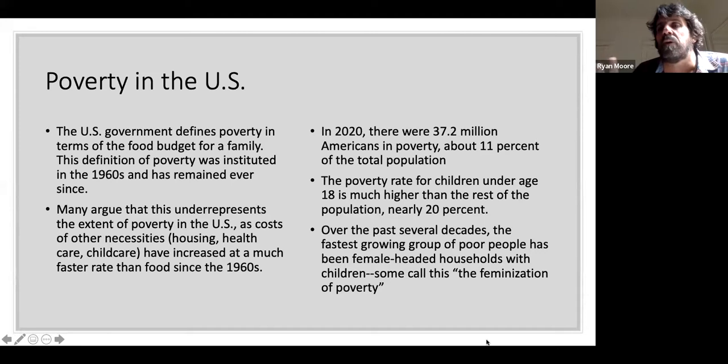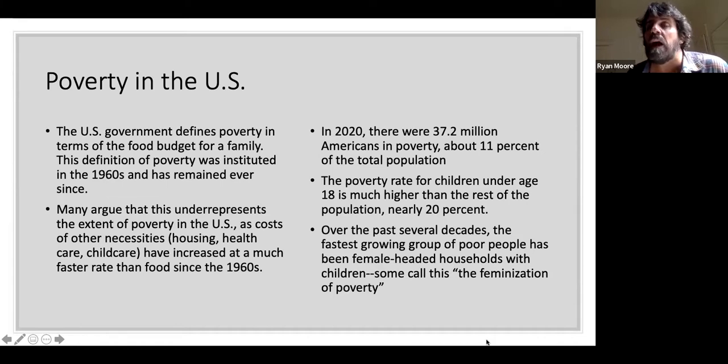And that number has generally, in the last several decades, hovered between 11 and 15% of the population that's considered poor in America. It actually used to be higher before the 1960s, for reasons that we'll talk about.